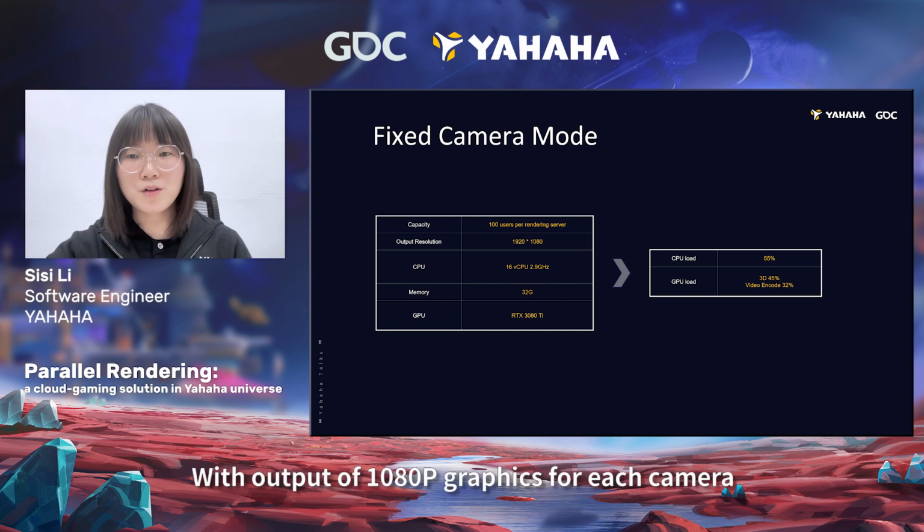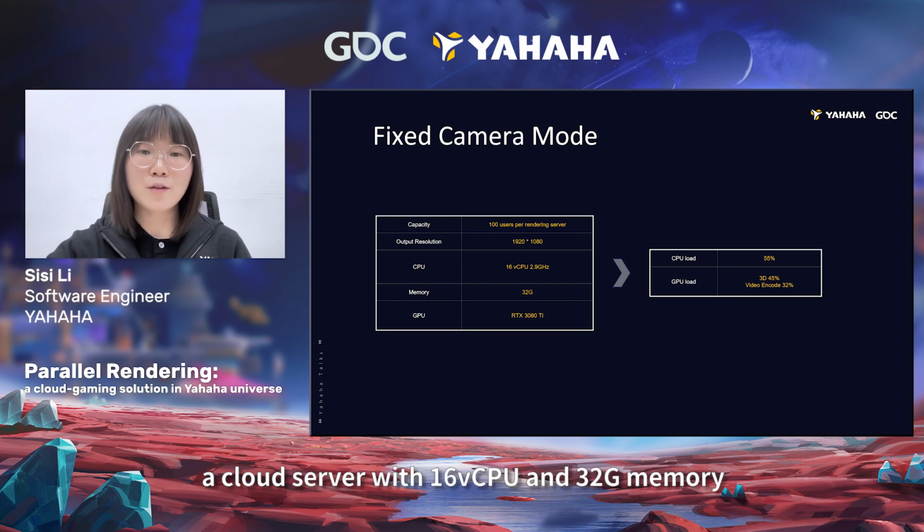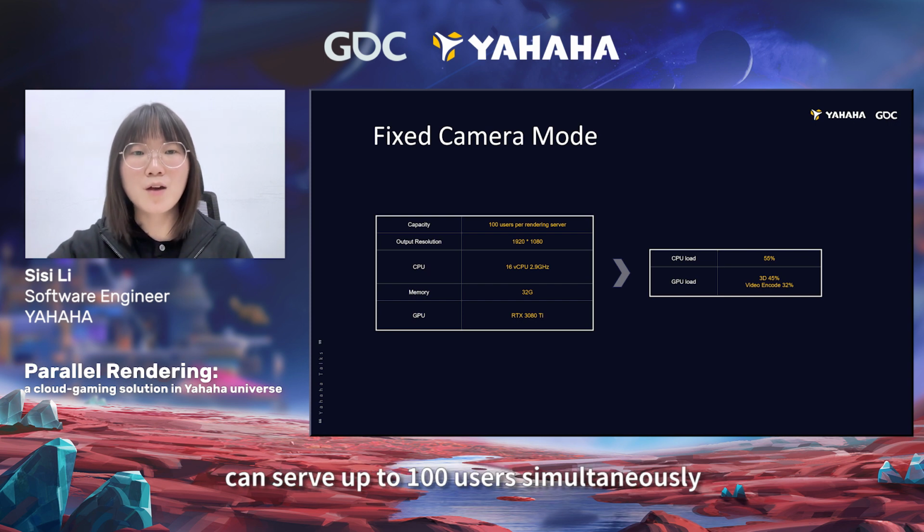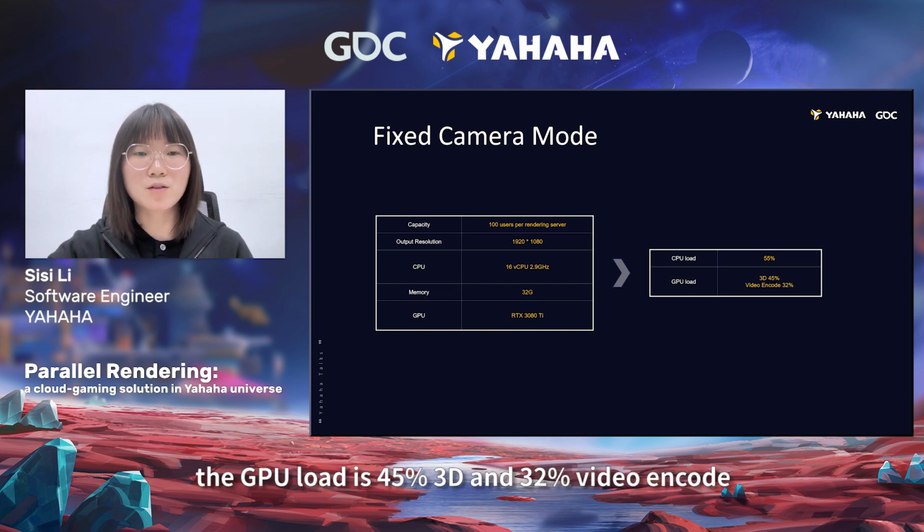With output of 1080p graphics for each camera, a cloud server with 16 vCPU and 32GB memory can serve up to 100 users simultaneously, and the load of CPU is 55%. The GPU load is 45% 3D and 32% video encode.